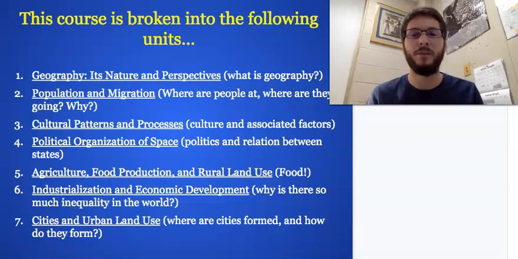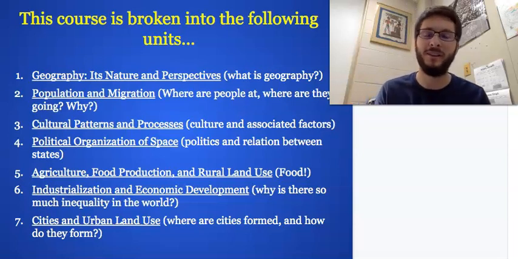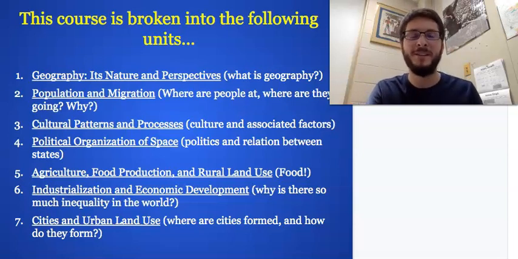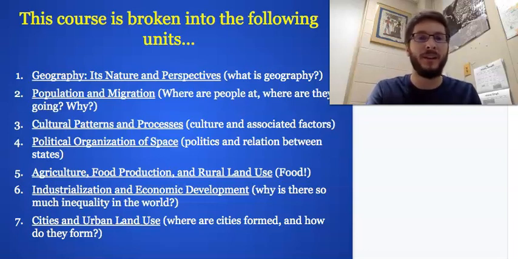When we get into Unit 3, we'll be looking at culture. So that's everything from religion and language to customs to housing styles to clothing and dance and music and all those fun things. That's what we'll look at for that. When we get into Unit 4, we're looking at political geography, so the trade relations and the political relations, conflicts or peace or negotiations or treaties and things like that.